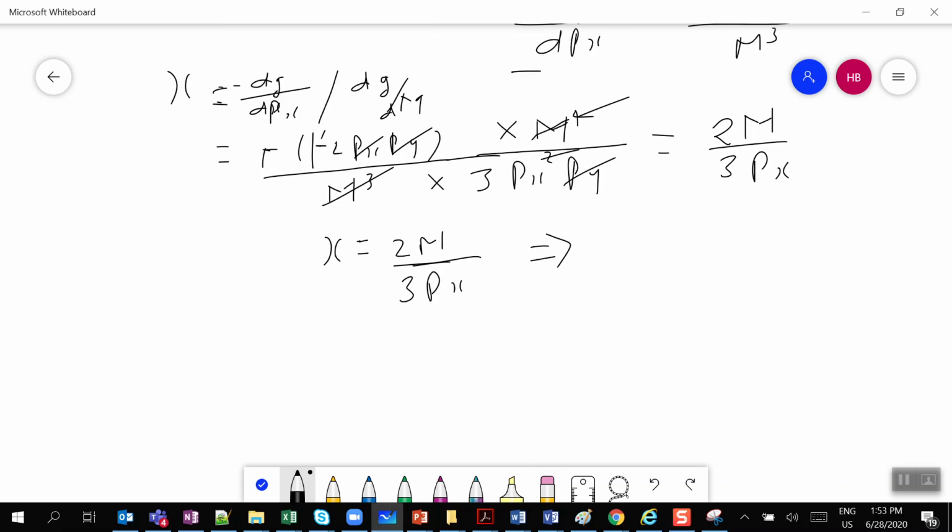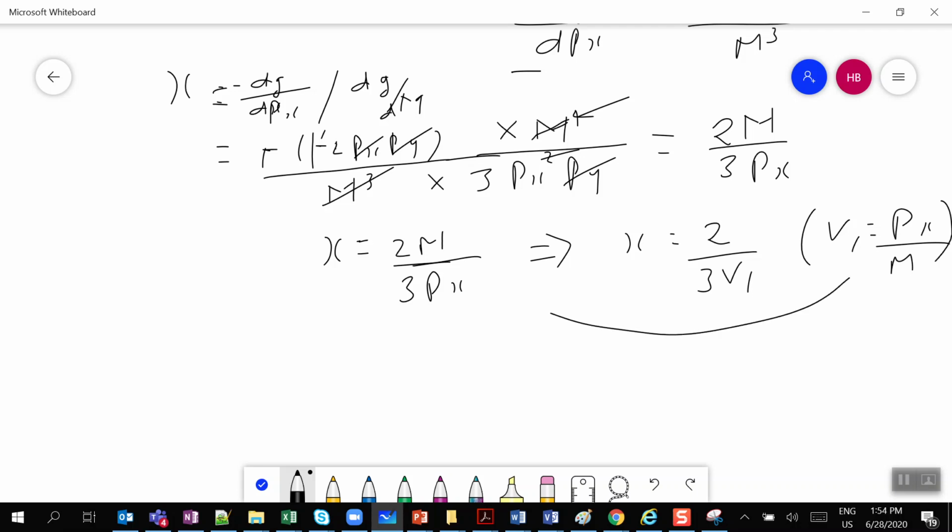Now x equal to 2m by 3px, so you can write this as 2 by 3 v1, as we know v1 is px by m.